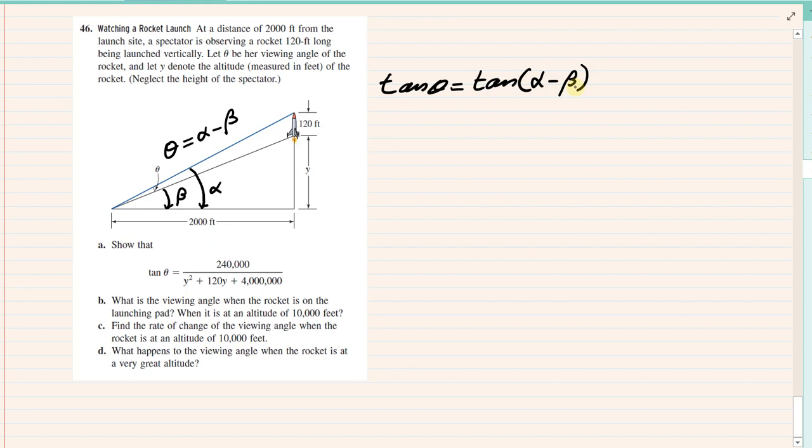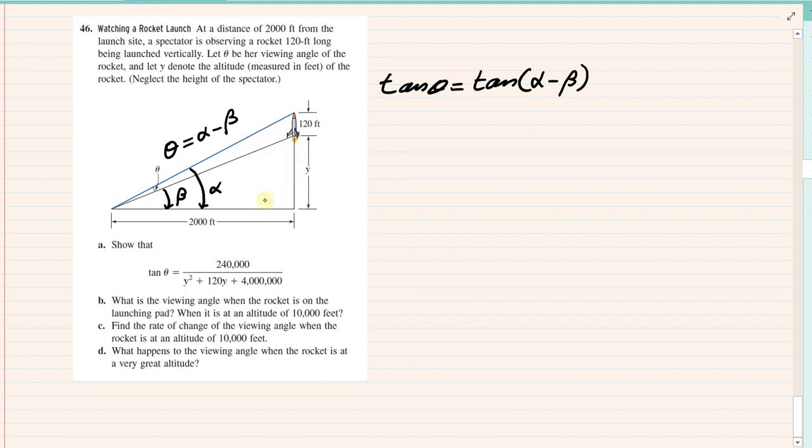Now, we are given all of this information. For the larger triangle, tangent of alpha we can find, and for the smaller triangle also we can do that, right? Both of these now end up being right triangles, and we can find those tangents.